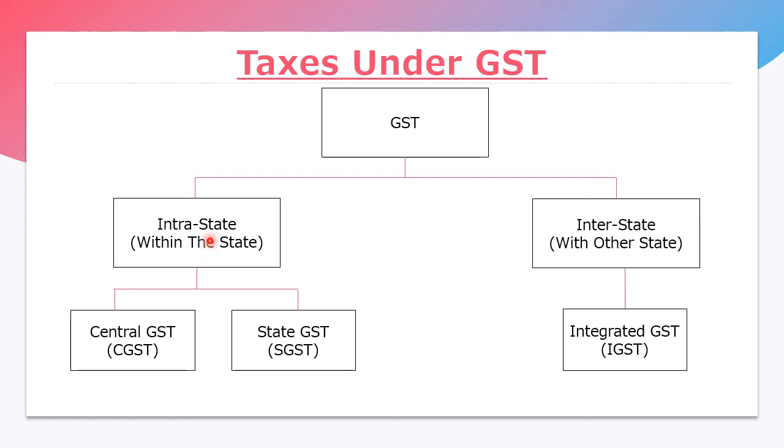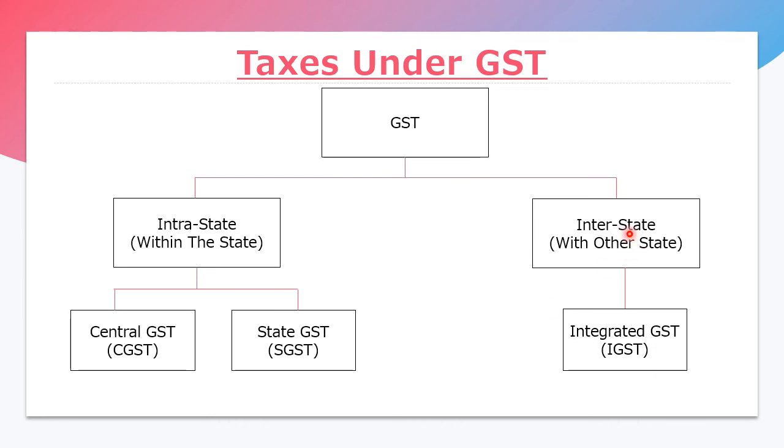Now this intra-state is again divided into two parts: Central GST, that is CGST, and State GST, that is SGST. Central GST means Central Goods and Services Tax, and this is State Goods and Services Tax, because GST stands for Goods and Services Tax.